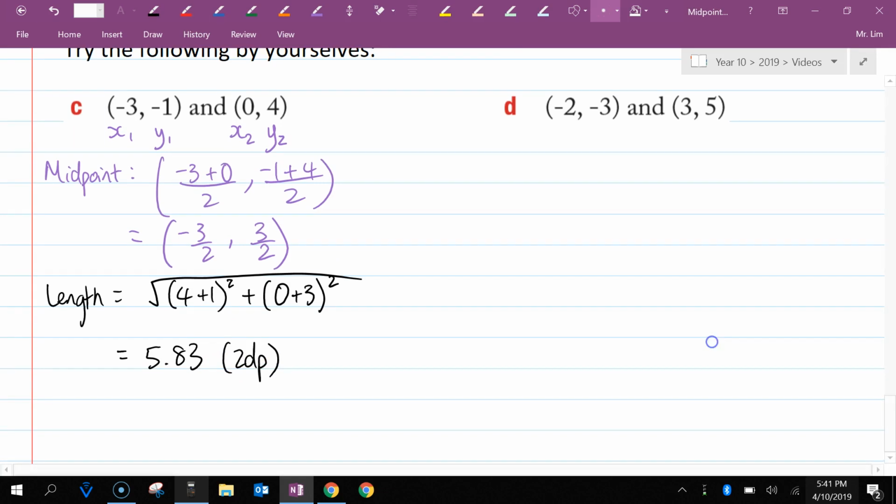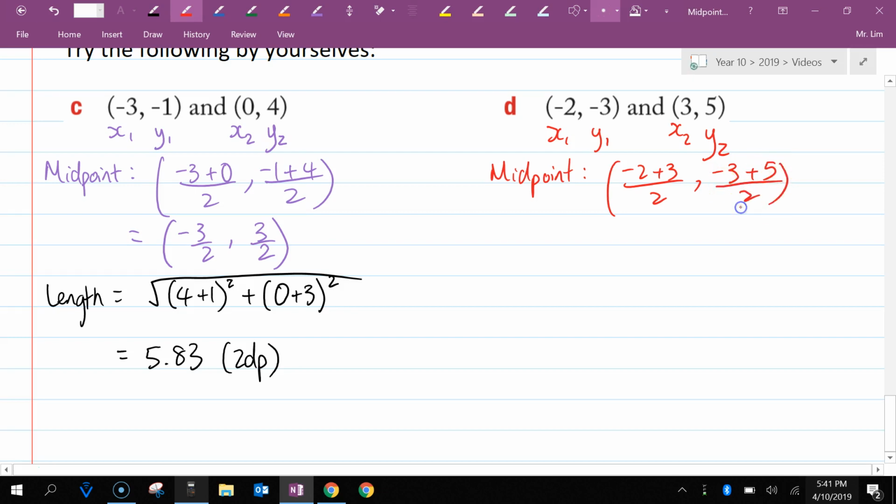For question D, we have x1, y1, x2, y2. Midpoint, x1 plus x2 over 2, y1 plus y2 over 2. That gives us an answer of half and 1.